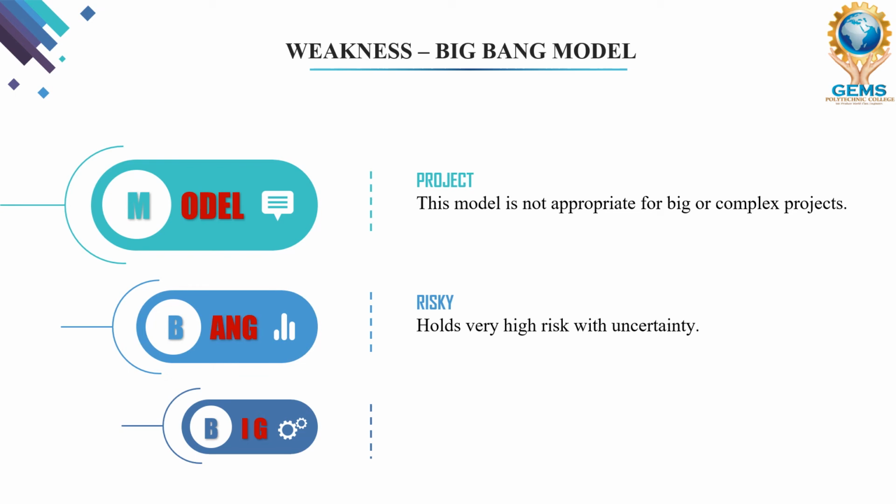Yes, the Big Bang model has high risk or uncertainty. Why? Because this model does not have formal documentation, or does not follow any formal method for the development of the project. So it has a high risk. By developing a project using this model, we have a high risk.